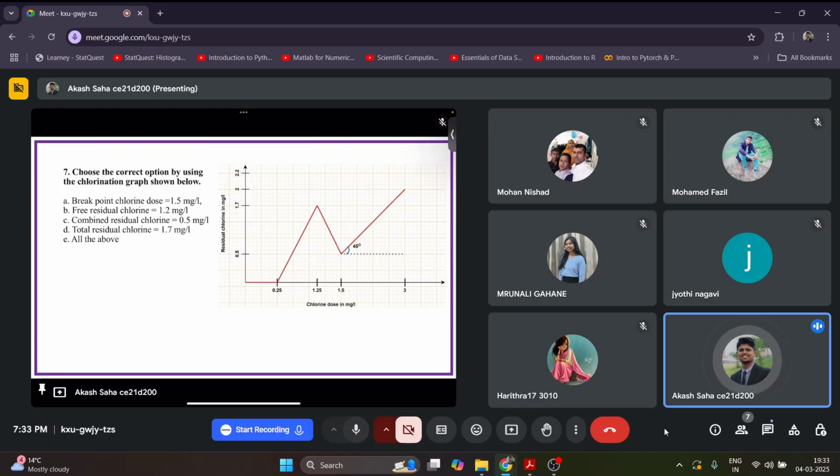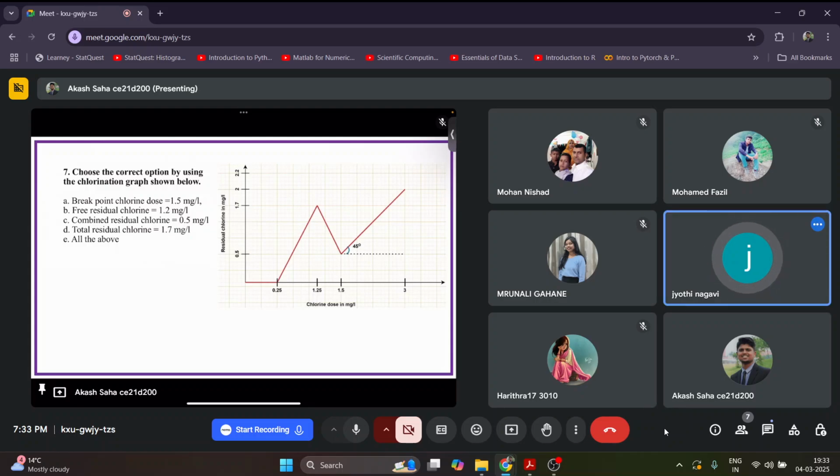So tell me which of the options are correct. Here, what will be the breakpoint chlorine dose? It is 1.5, so that means option A is correct. Then what about the free residual chlorine? Can you find out? Is it 3 mg per liter?